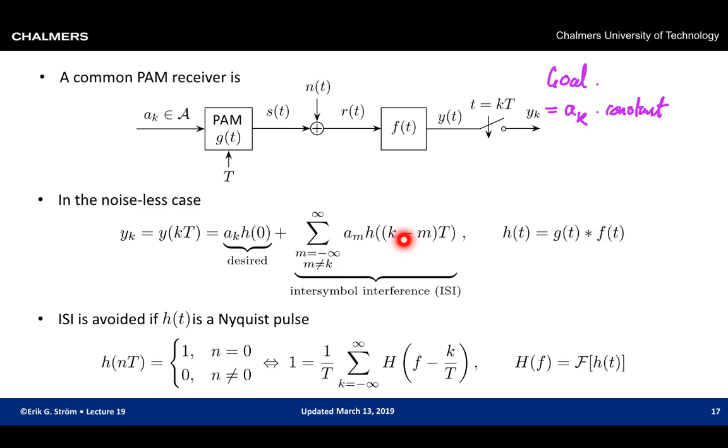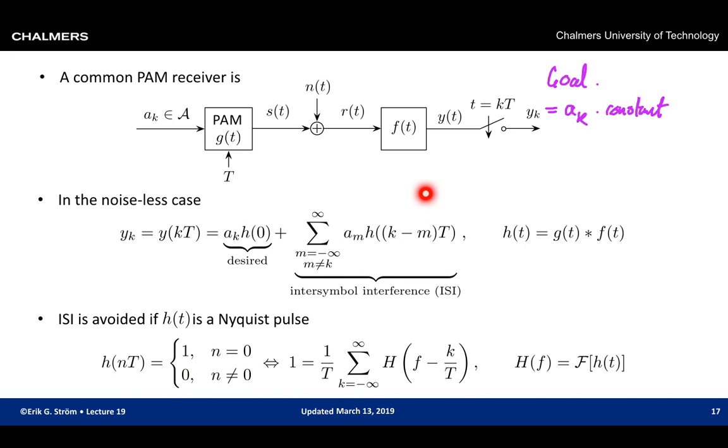Now we can get rid of this, which is our goal. We can get rid of that if samples of this h signal at symbol rate, where T is the time between symbols, are 1 when n is equal to 0 and 0 otherwise.